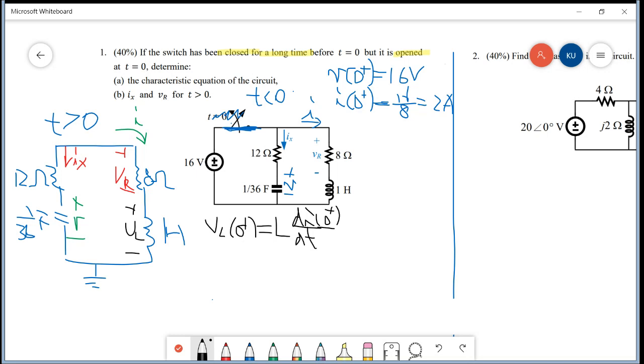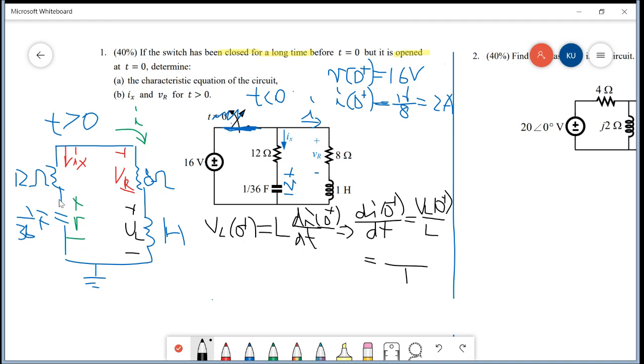Which means that di 0 plus dt will be VL 0 plus over L, where L is 1, and VL 0 plus, as we know, this one is 16 volt. This is 16 volt.